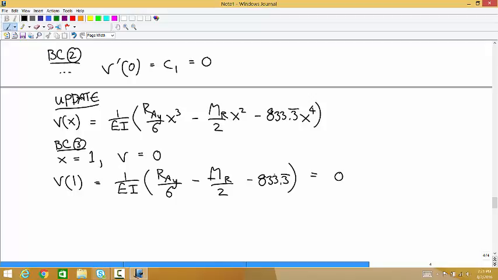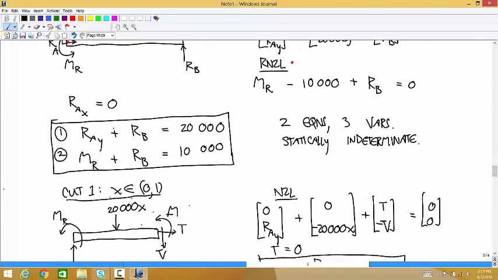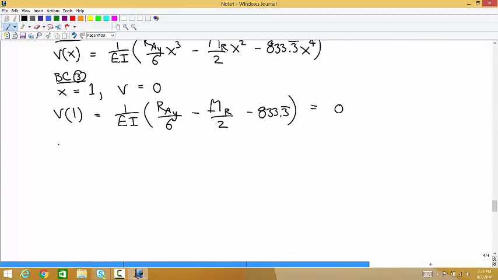Well, this isn't an equation we can solve for anything, but we can use this to go into our system of equations. These are our original two equations. So let's call this equation 3. Multiply both sides by EI, and you get R_A y over 6 minus M_R over 2 is equal to 833.3 repeating.